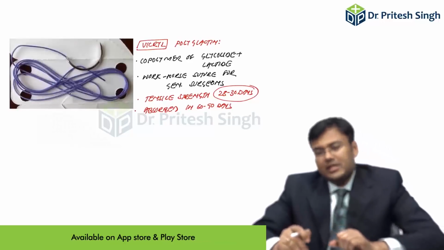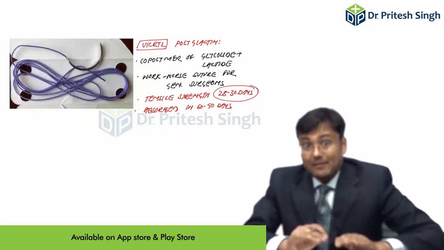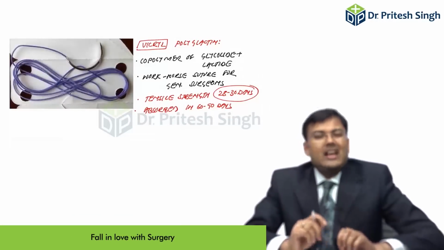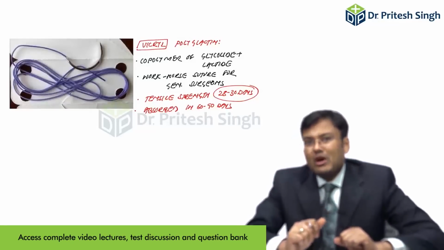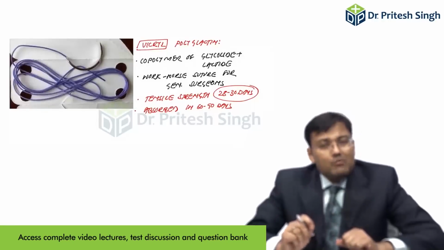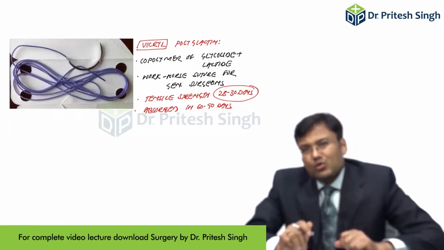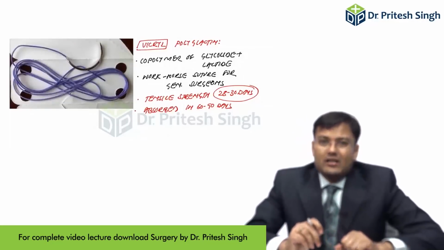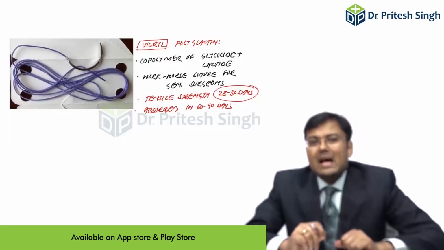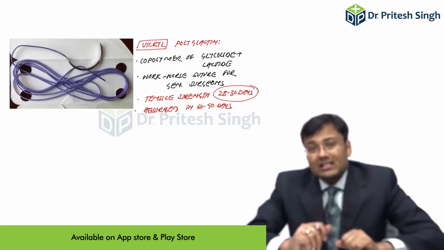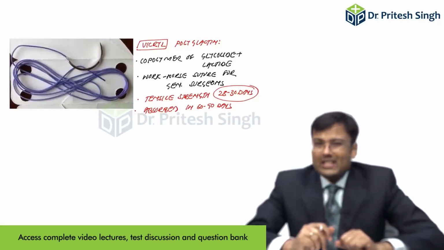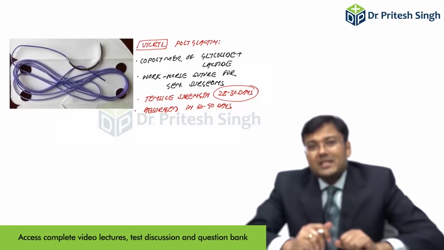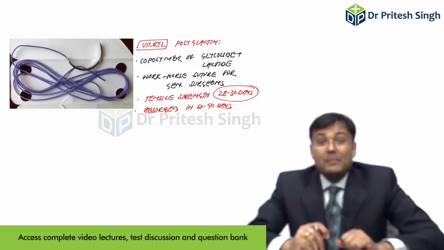So in which surgeries are we using Vicryl? See, it's very important. Any organ in which there is increased risk of stone formation, in that organ we will be using absorbable sutures, not non-absorbable sutures. Which organs can you see stone formation in? CBD, ureter, bladder.